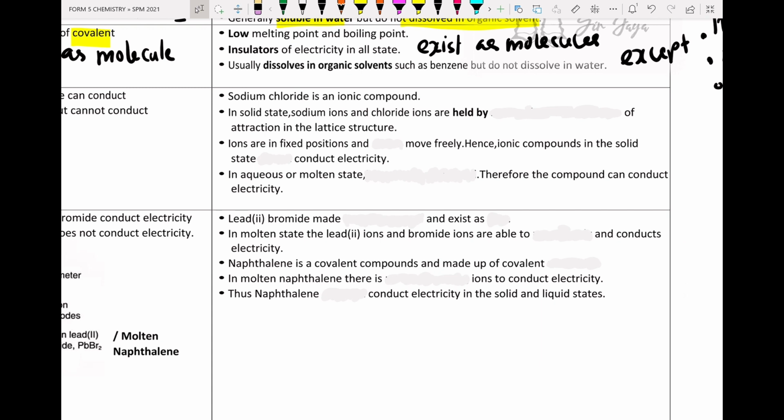In solid state, the sodium ions and chloride ions are held by strong electrostatic forces of attraction in a lattice structure. So the ions are fixed at their positions and do not move freely. Hence ionic compound in solid state does not conduct electricity, but in aqueous or molten state the ions are able to move freely and can conduct electricity.